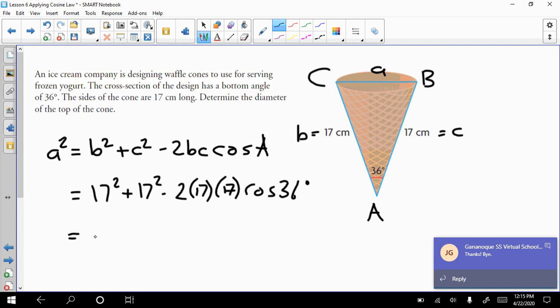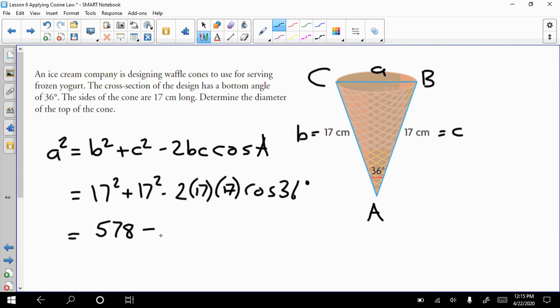I get 578 when I add 17 squared plus 17 squared, minus, and then I'm going to do that whole second part. So it's 2 times 17 times 17 times cos of 36, so minus 467.6. Now I do 578 minus 467.6.